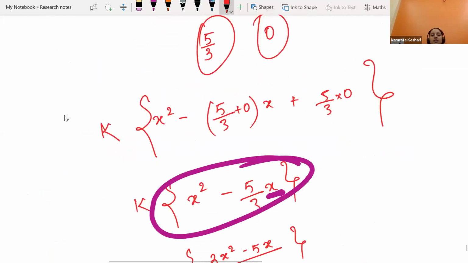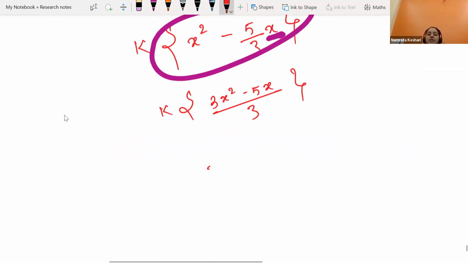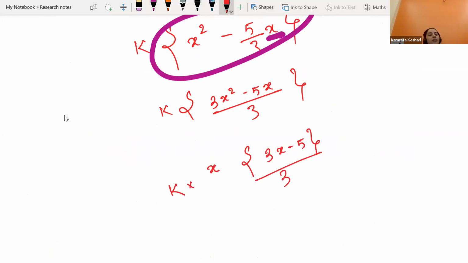3x is there and then 3x minus 5 is there. We can see x is common and 3x minus 5 will be in the bracket, by 3, and the k value. K can be any number: 1, 2, 3, 4, 5 by 3, 5 by 2, 2 by 3.